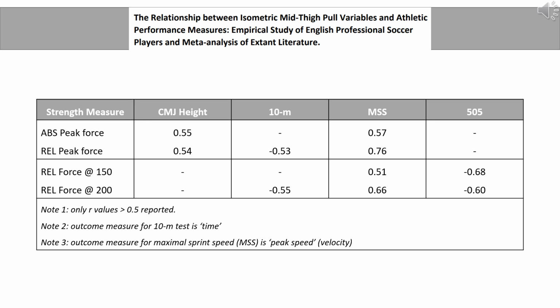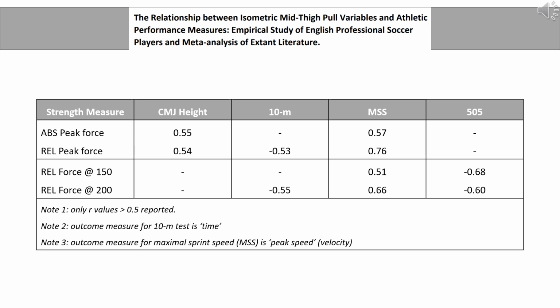And those variables or metrics are being correlated against jump height during the countermovement jump, 10-meter sprint time, maximal sprint speed, which is actually being measured in velocity, so meters per second rather than time, and then 5-0-5 sprint time.